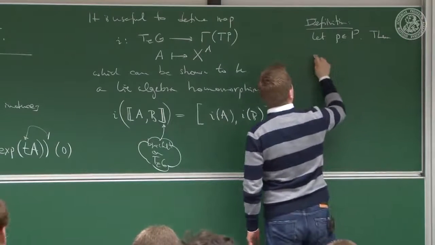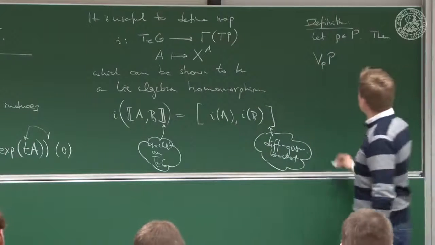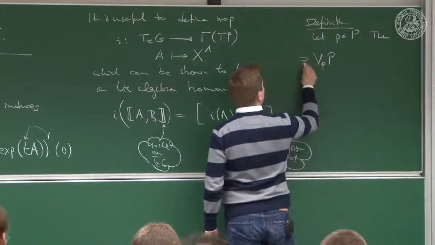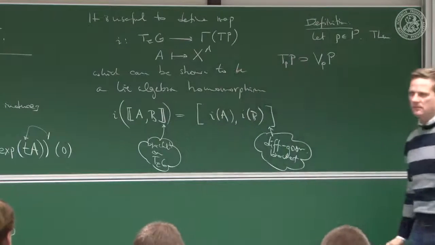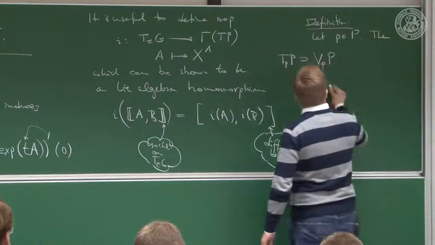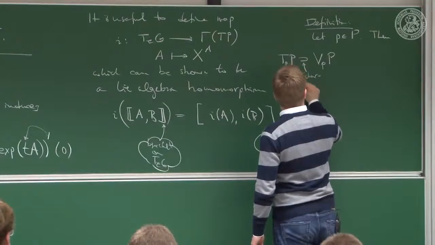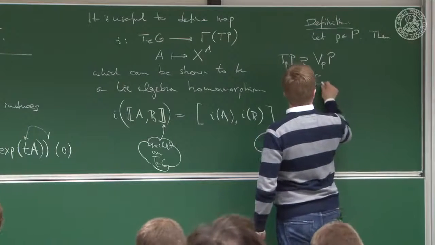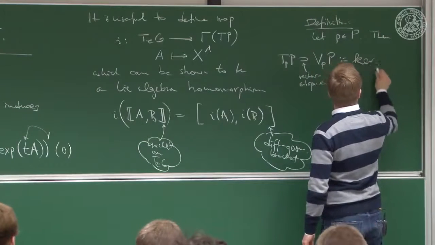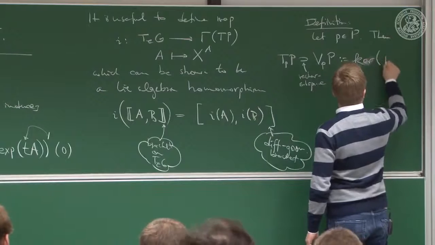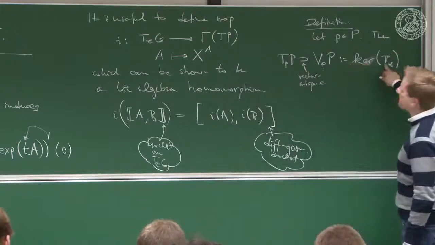Then we define the so-called vertical subspace at a point P, which is really a vector subspace of the tangent space at P. So this is really supposed to be a vector subspace, not only a subset. We define this to be the kernel of the push forward of the projection pi, which is the bundle projection.